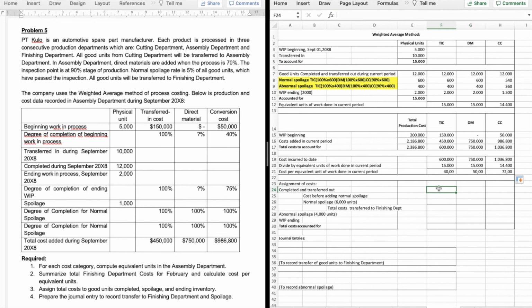And now the last step is the assignment of cost. As stated in the previous problem, we now have the cost before adding normal spoilage, and the normal spoilage and also the abnormal spoilage. So here we're going to multiply the cost per equivalent unit with the equivalent units in the goods completed and transferred out. And the same goes with the normal spoilage.